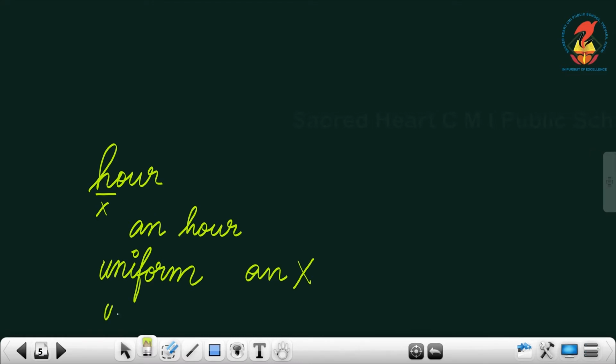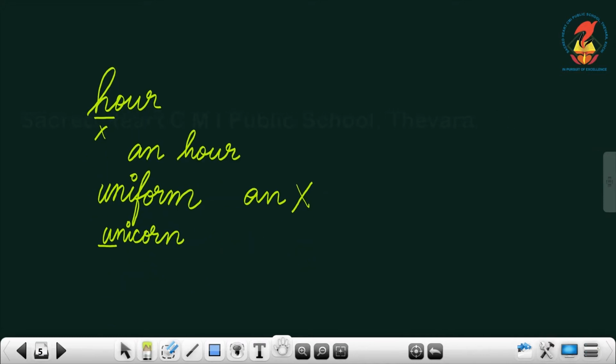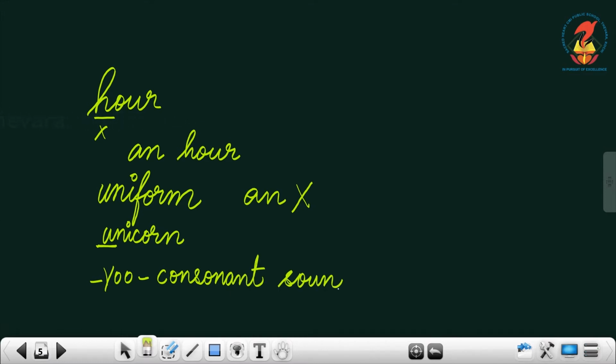Understood? Unicorn. Here the letter is U. It is the consonant sound. What is it? Consonant sound.